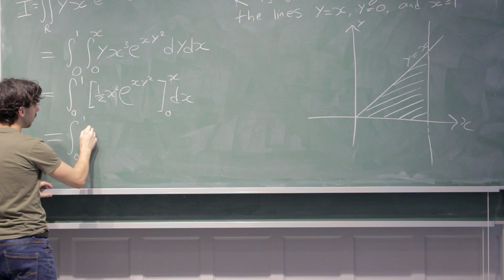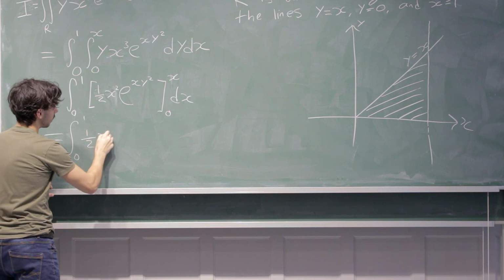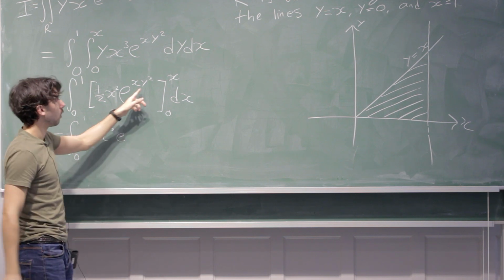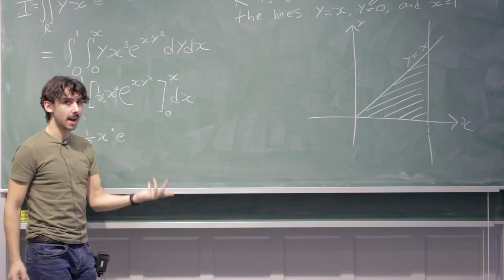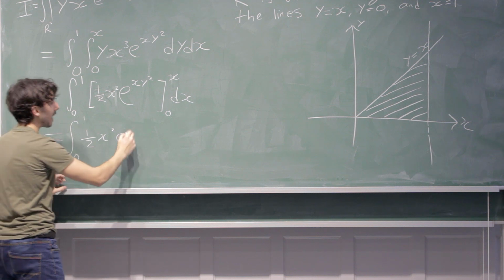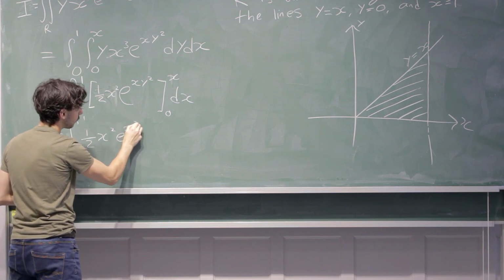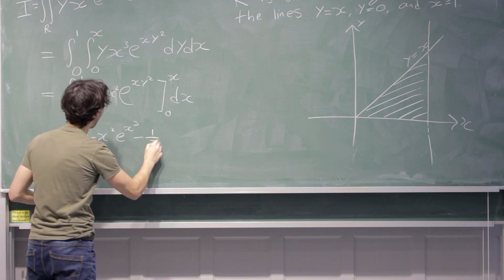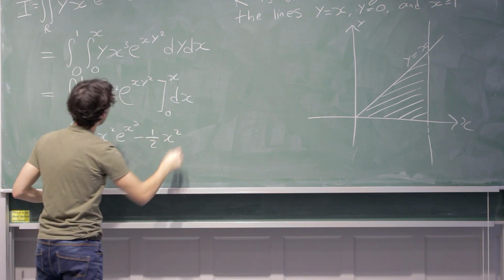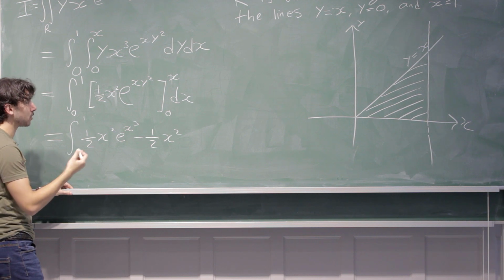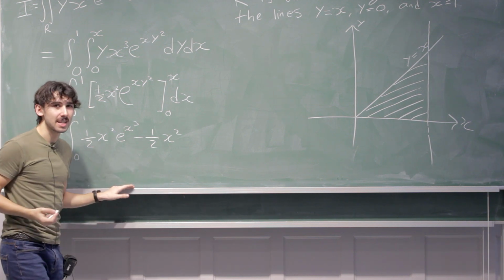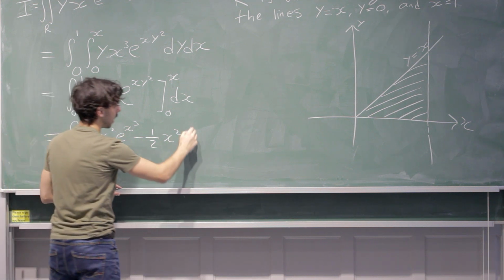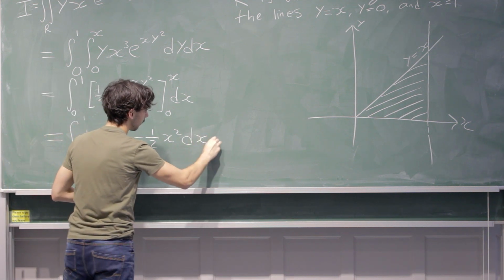So we've got a half x squared e to the x, and we're just replacing the y with an x, so it would be x times x squared, which is x cubed. And then we're going to subtract a half x squared times e to the x times 0 squared. That's just e to the 0, which is the number 1, so there's nothing to be written. And then dx.